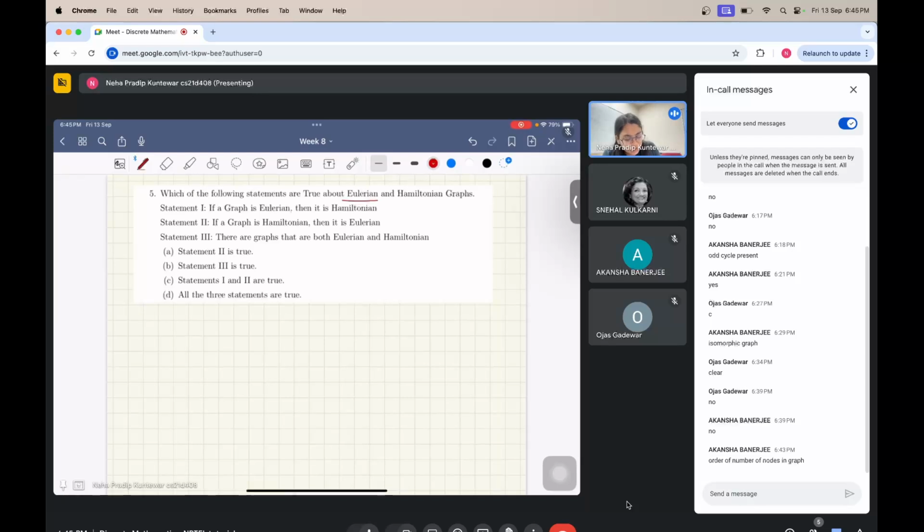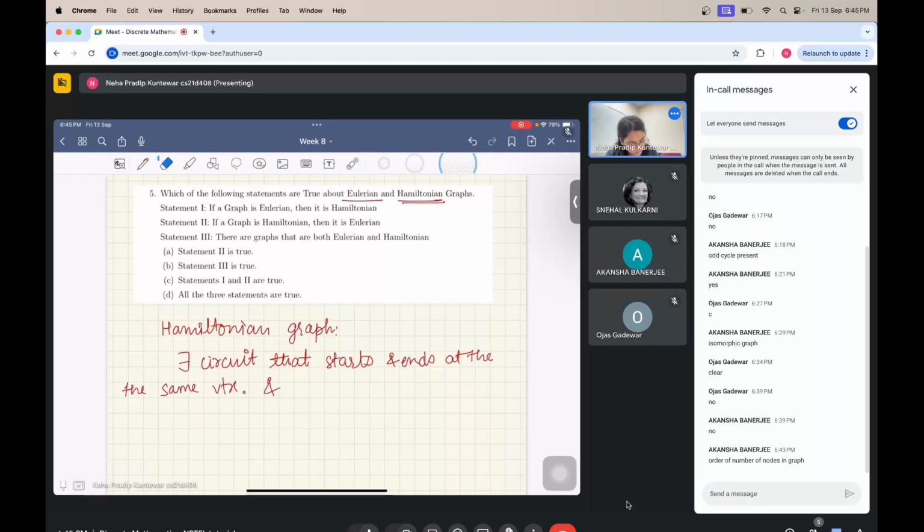So similar to Eulerian graphs, you also have what are called Hamiltonian graphs. So what do we mean by Hamiltonian graphs? It is that there is a cycle, or a circuit, that starts and ends at the same vertex, and traverses each vertex exactly once.